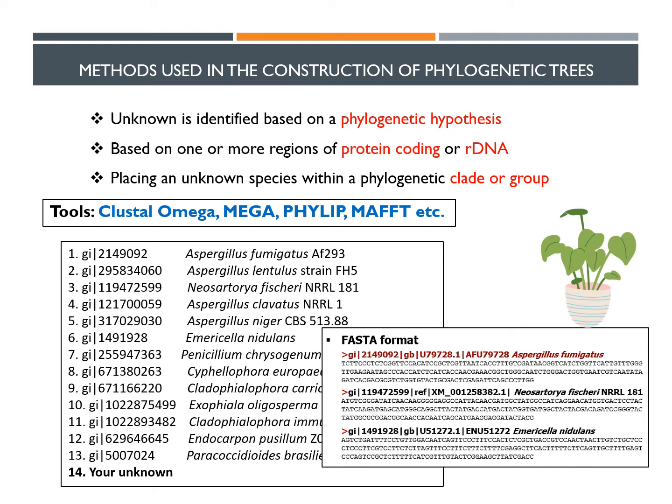While DNA-based taxonomy using phylogenetic theory may not always help with identifying the exact species of the fungus, it will certainly help by placing an unknown species within a phylogenetic clade or group, so providing a putative species identification.